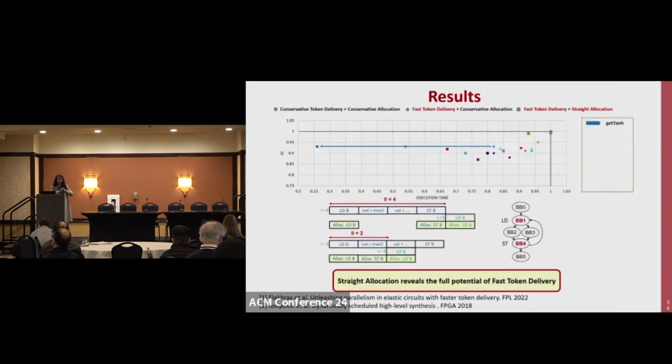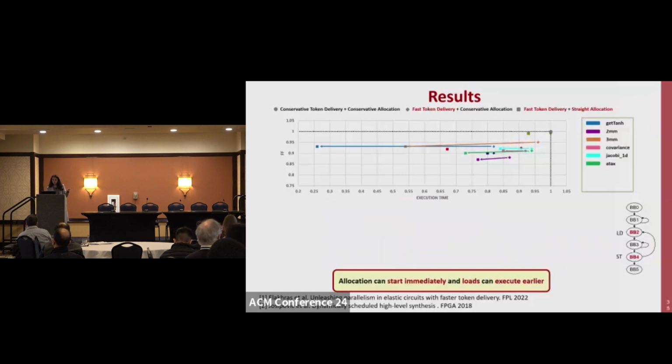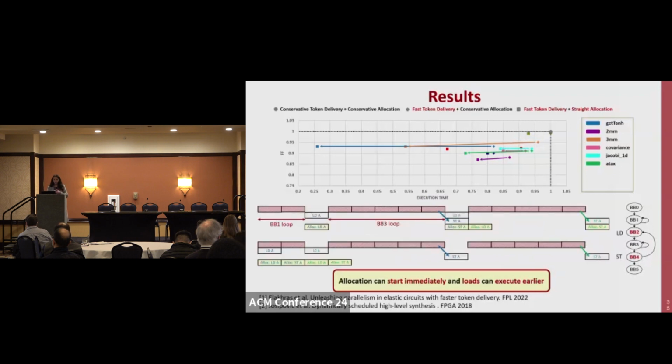And now let's explain a bit of the benchmarks. The best result we got was in one benchmark called get-tang. It's inspired by the tangent computation. And the reason why it gains here is because it has an improvement in the initiation interval. The second set of results are mainly loop dominated, and the reason why we gain is, if you look at the execution timeline on the top, in the conservative approach, you have to wait for the allocations to happen in the sequential control flow.